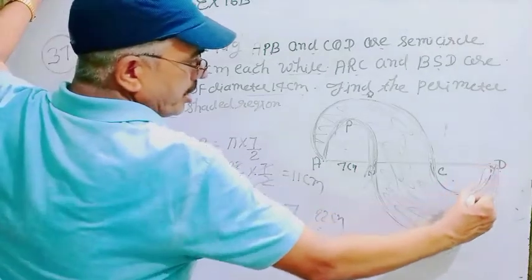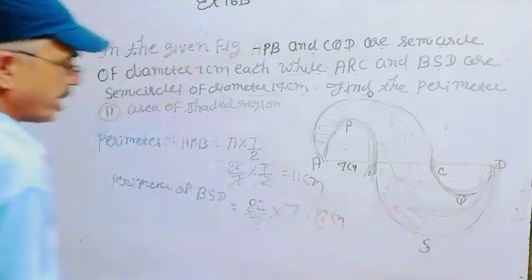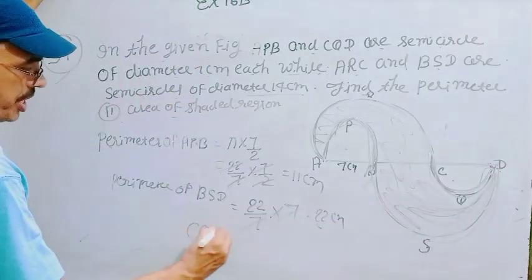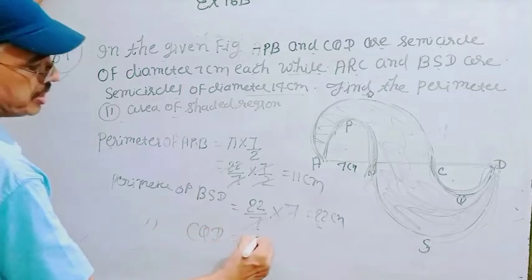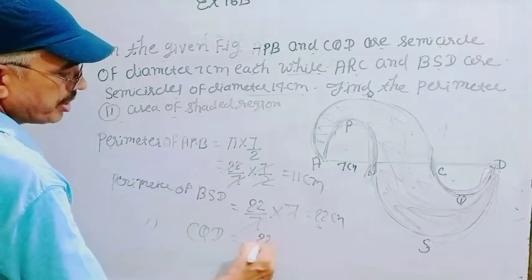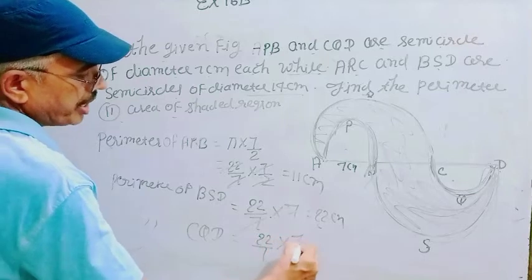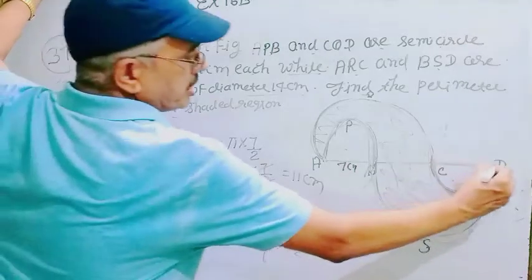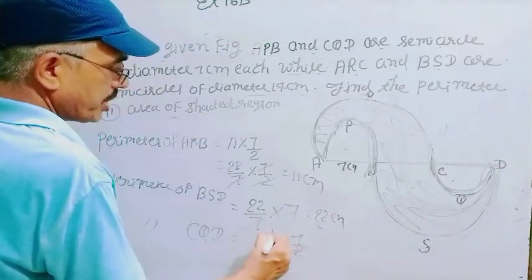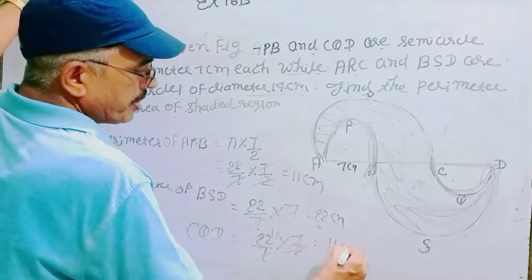After this again, what is the perimeter of CQD? Perimeter of CQD is equal to pi into r, that is r is 7 by 2 because diameter is 7, so it is 11 cm.